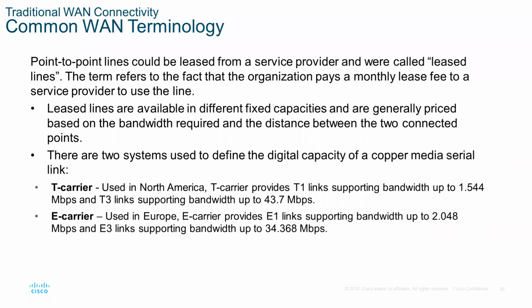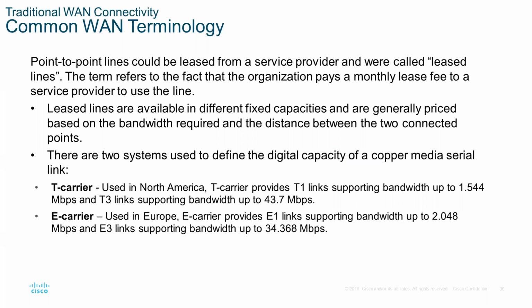Lease lines were given to us in fixed capacities and were generally based on the bandwidth required and the distance between the two endpoints. Now, depending on the capacity required over the copper, we had two standards, the T carriers and the E carriers. T's were North American, E's were Europe.